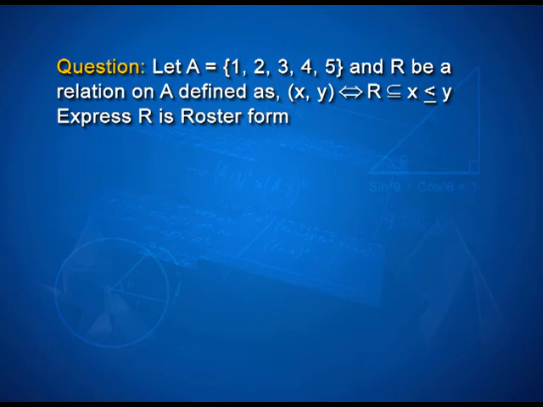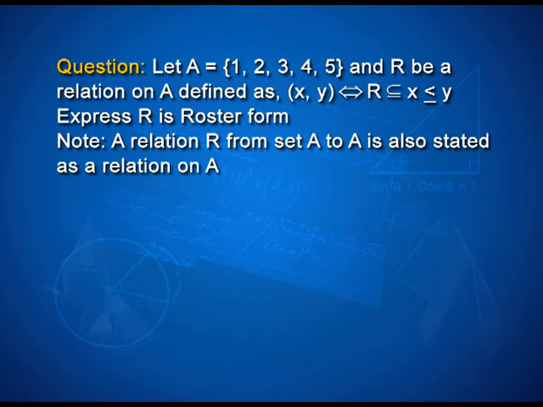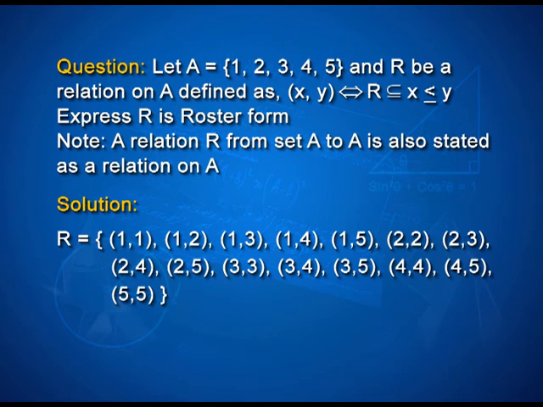So, again when I say a relation from set A to A, it is also in short read as a relation on A. So, R in this case is going to be a subset of A cross A, and therefore, R would turn out to be the collection of all ordered pairs such that x is less than or equal to y, and you can sit and just list them down, making sure you do not miss any one of them, including (5, 5), (2, 2), because x is less than or equal to y, and that is what our last exercise is.